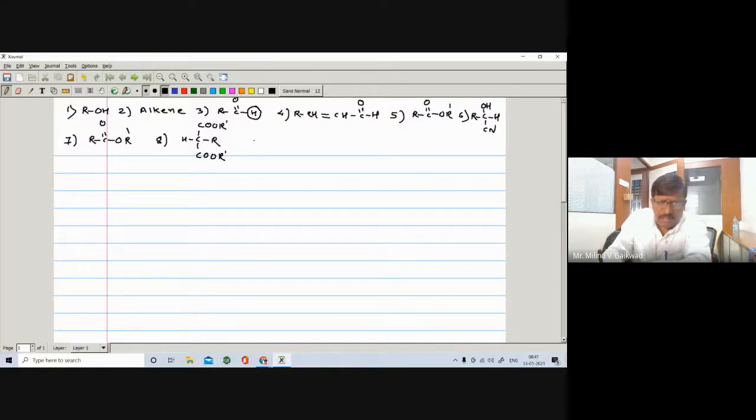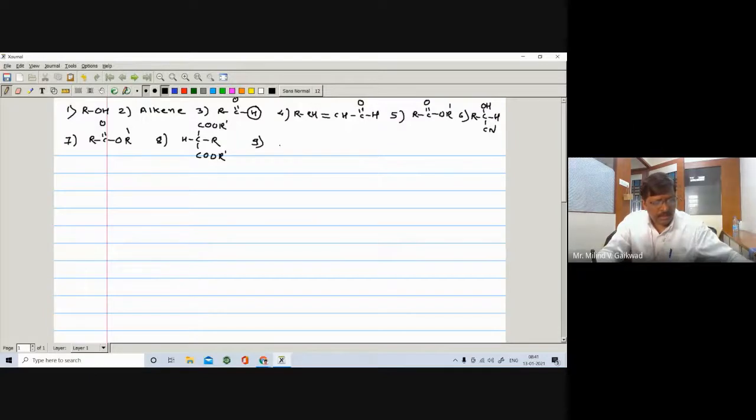We have seen retrosynthesis of the name reaction called as benzoin condensation reaction.